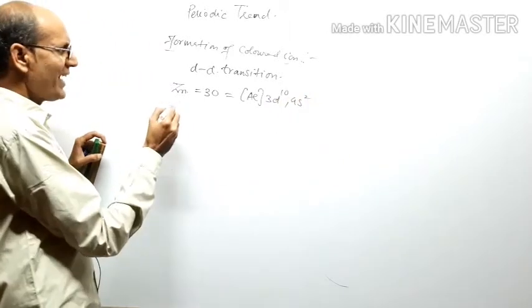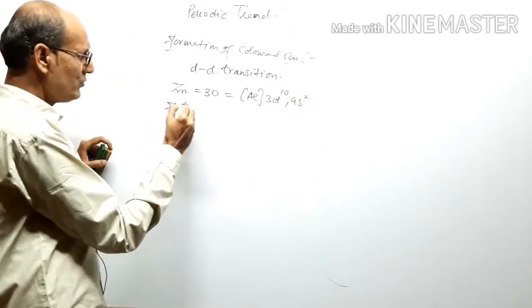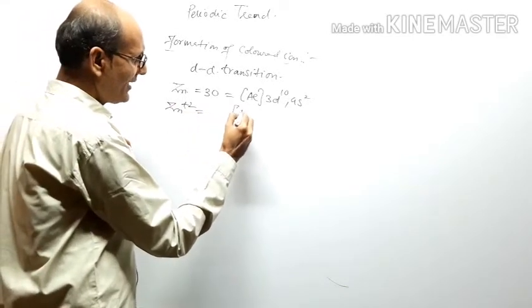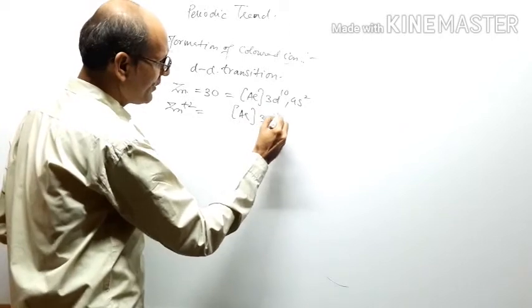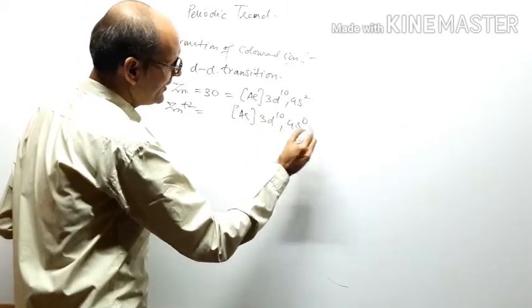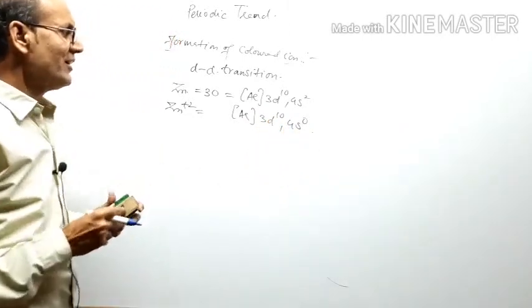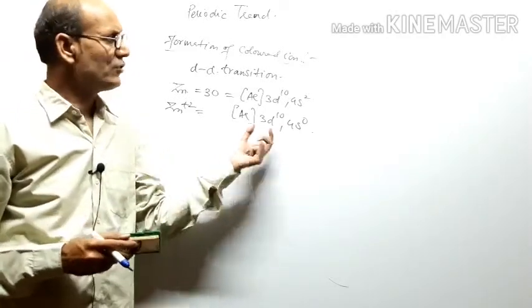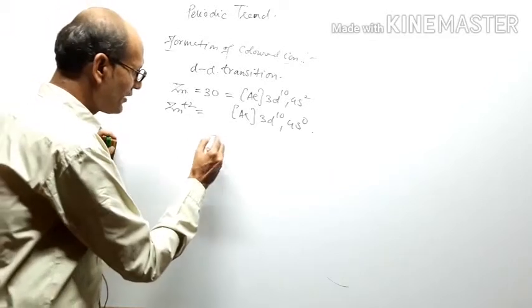If it loses 2 electrons, it forms Zn2+, and the configuration will be [Ar] 3d10 4s0. In this case, there is no unpaired electron in d. The d subshell is completely filled, so d-d transition will not take place.